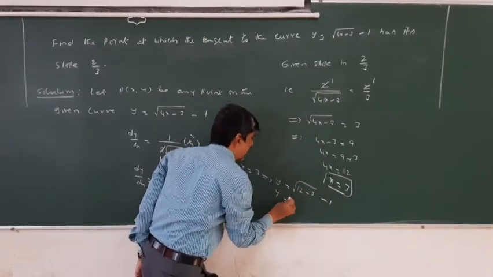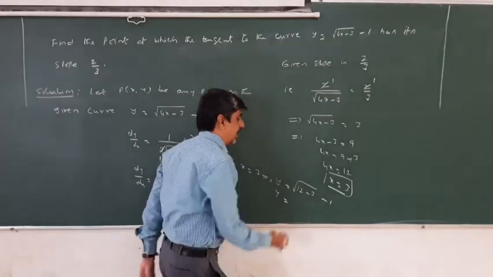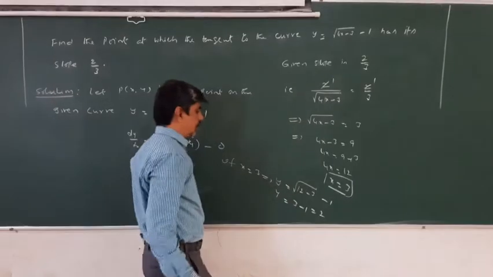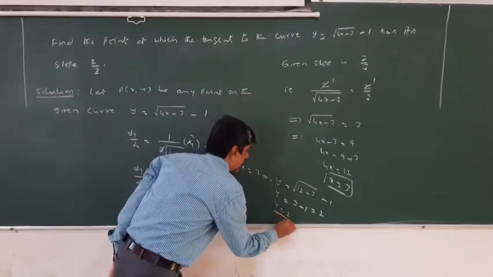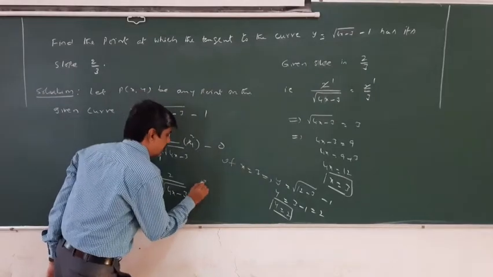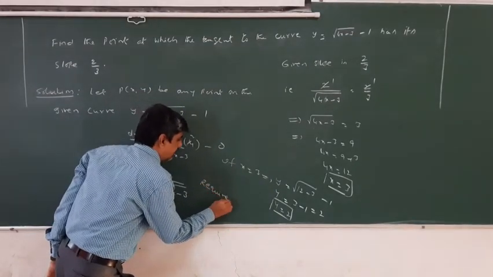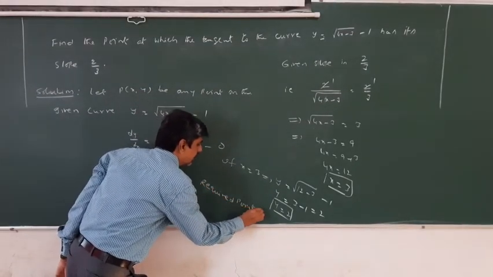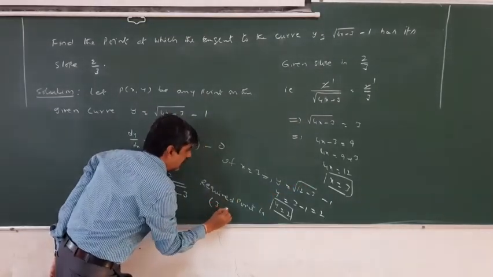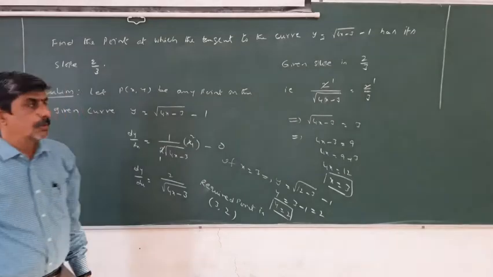So y is equal to root over 12 minus 3, means 9. Root over 9 means 3, minus 1, so 2. Therefore the required point is x is equal to 3 and y is equal to 2.